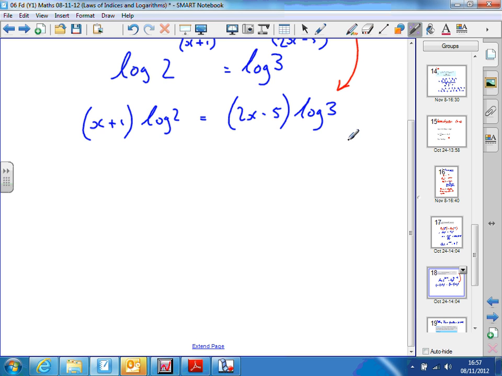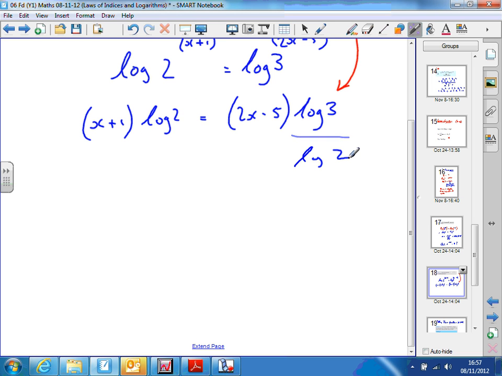So divide both sides. If I divide both sides by log 3, I'll get rid of the log 3 here, and I'll have it over log 3 here. Or I could divide both sides by log 2 and get rid of that log 2 there, and then divide by log 2 over here. The question is, which is going to make it easy for myself?